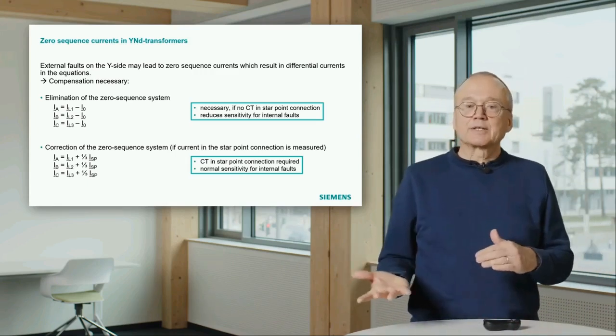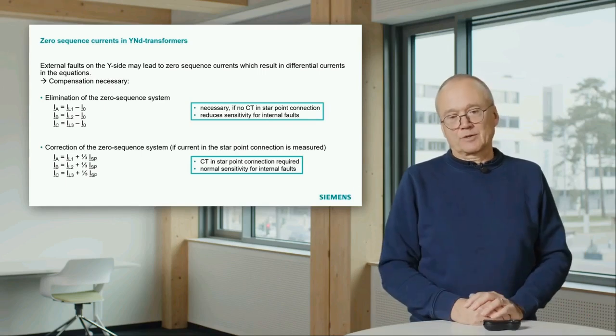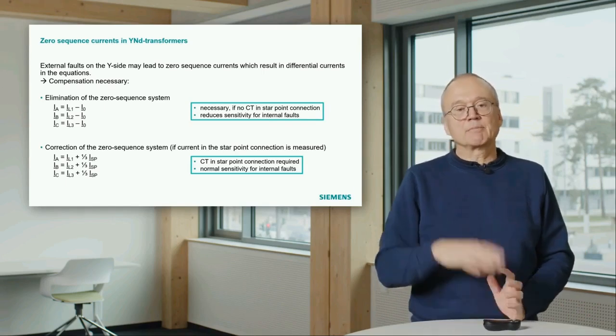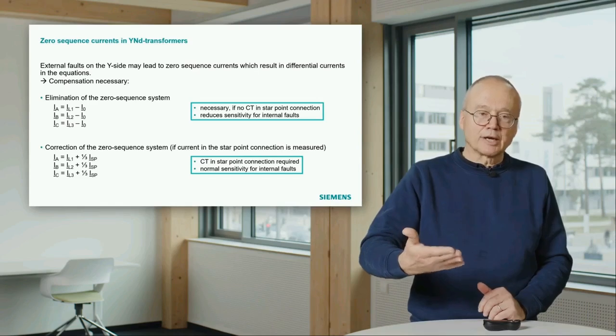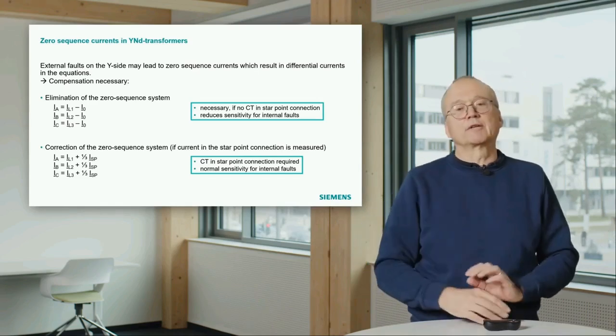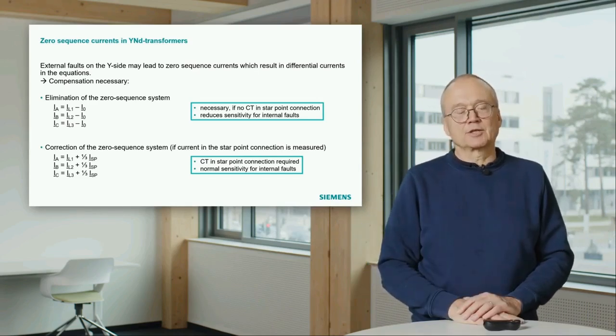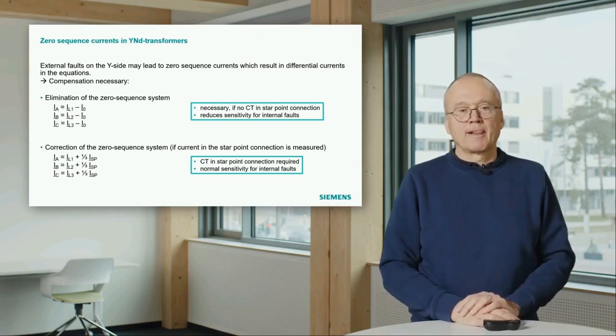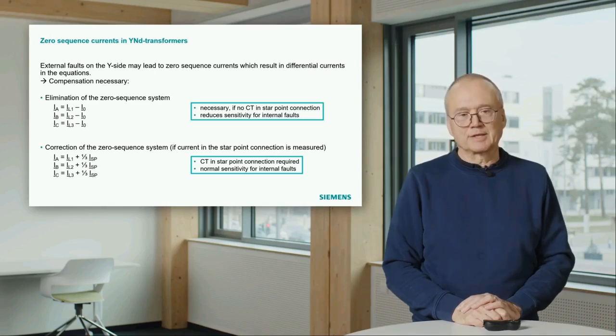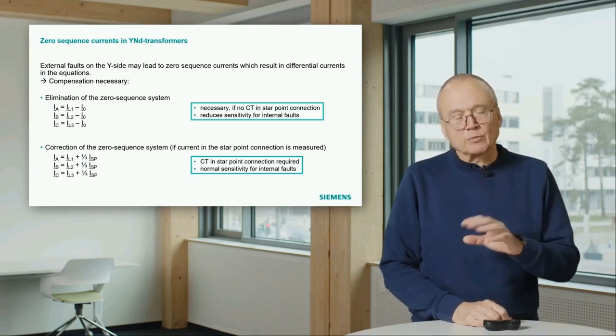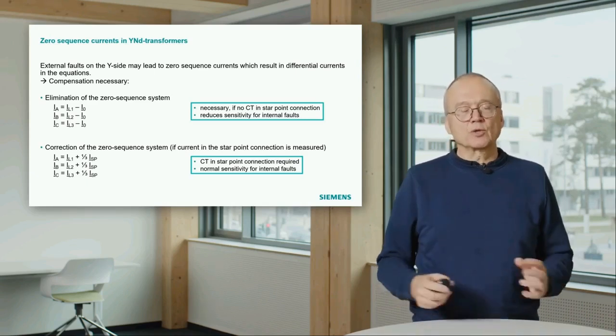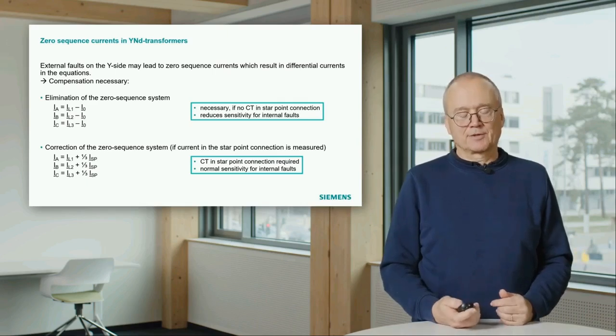The disadvantage is you need a current transformer in the star point. That means either you need an additional current transformer or you have a little bit a reduced sensitivity, depending on the application, and for every application that has to be decided. That was the issue with the zero sequence currents.